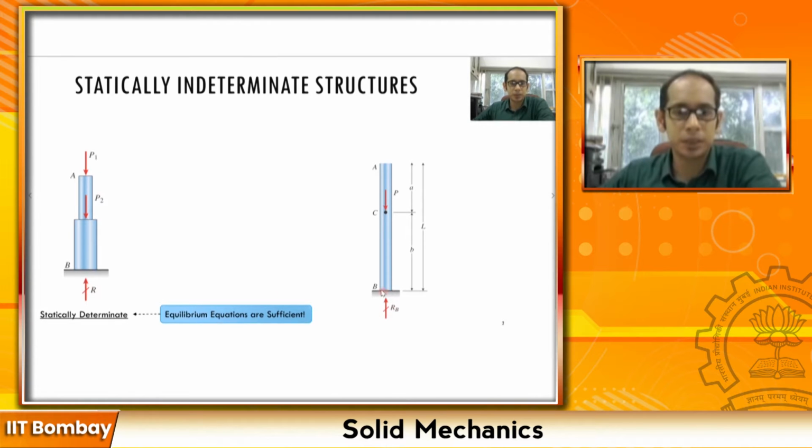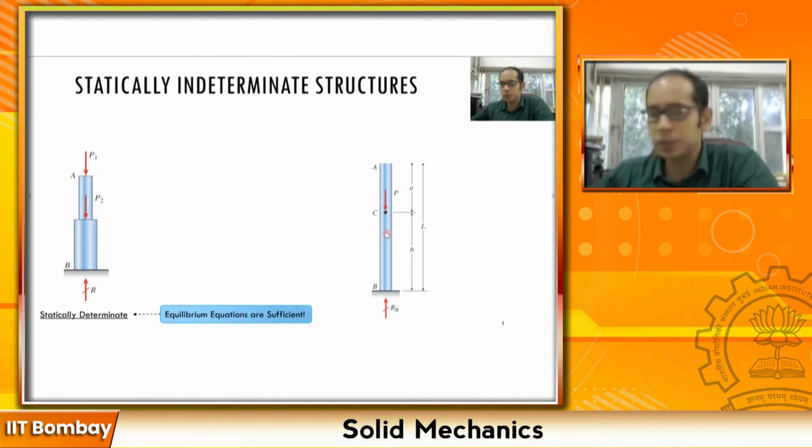Here your reaction at this point B is simply equal to this load P. Now, while we are at this slide, can you guess what the deformation of this AC is going to be? It is not going to have any deformation at all, because all the internal stresses are going to be in this member CP. Sorry for the short digression, but these are some interesting tidbits which you might notice while you look at these problems, right?